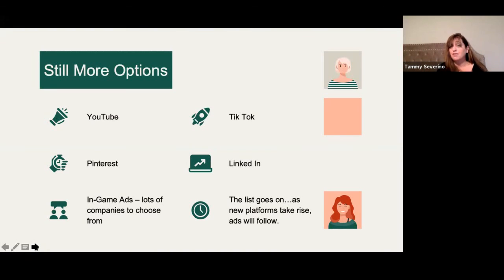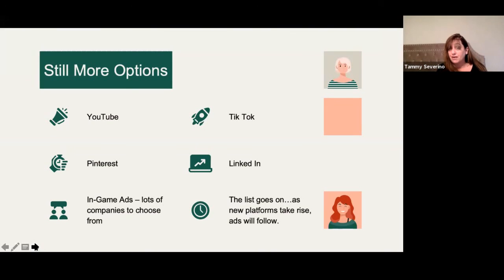In-game ads: if you play solitaire, if you play Candy Crush, if you play, I'm trying to think of some of the games my son plays, any of the online games, between every game round, there is an ad. And your business, whether product or service based, can advertise in those in-game ads.